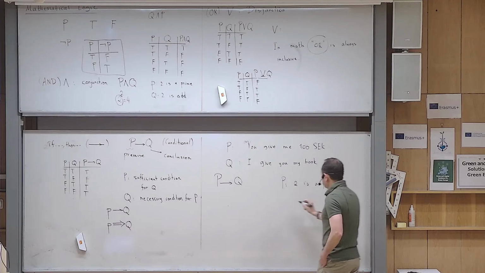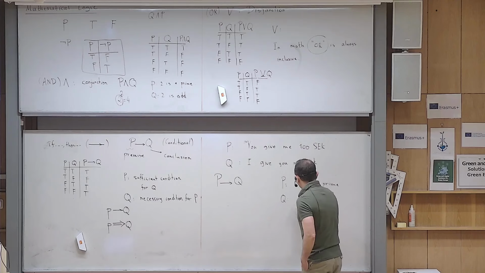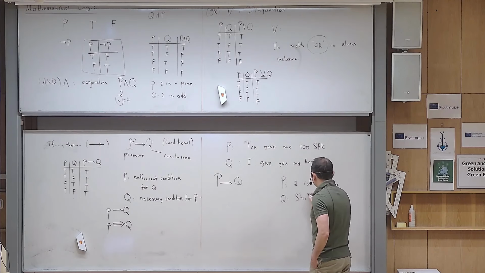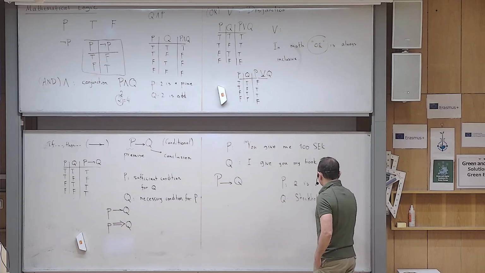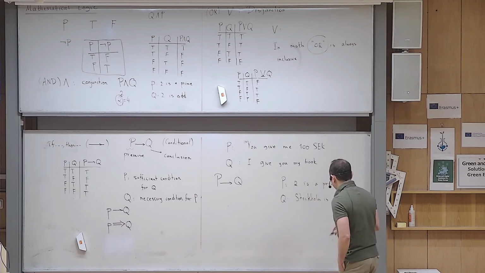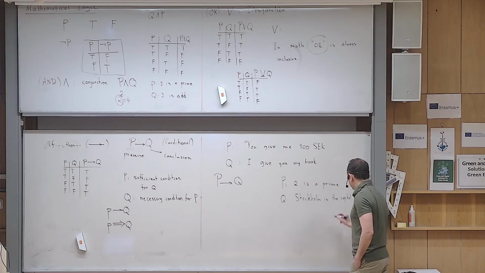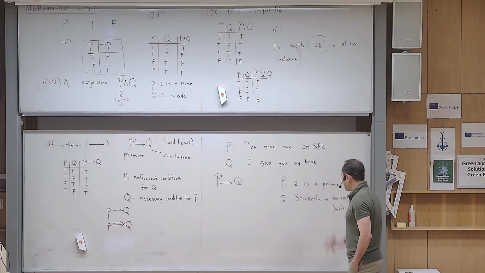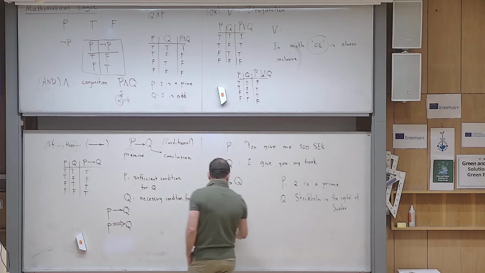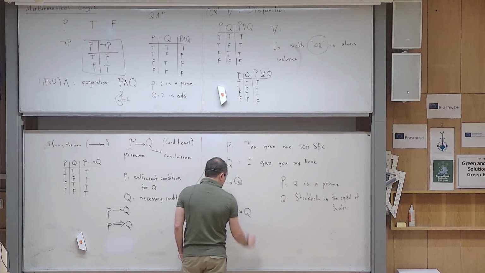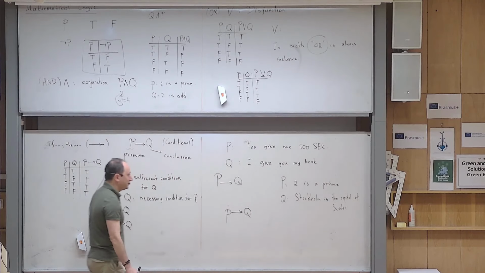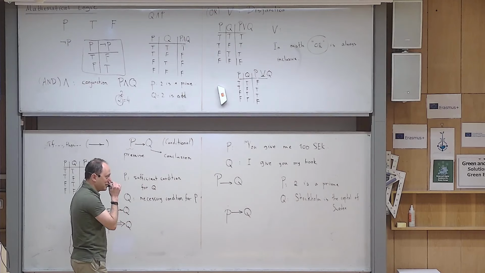Yes, and let me write Q: Stockholm is the capital of what? Of Sweden. Okay, so let me write this sentence. I mean, of course, in normal language we don't have these kind of things, but I want you to understand.